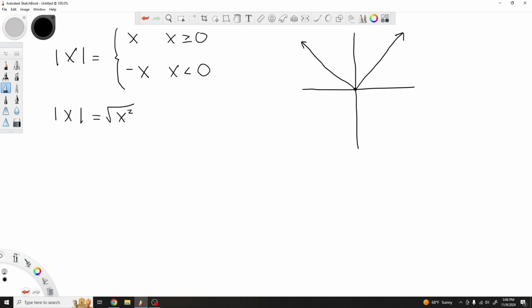And why this works is because the squaring function outputs strictly non-negative values as well. So 2 squared will be 4 and -2 squared will also be 4. And then the square root just acts as the inverse to the squaring function. So we get back to our original value, but the non-negative version of it.